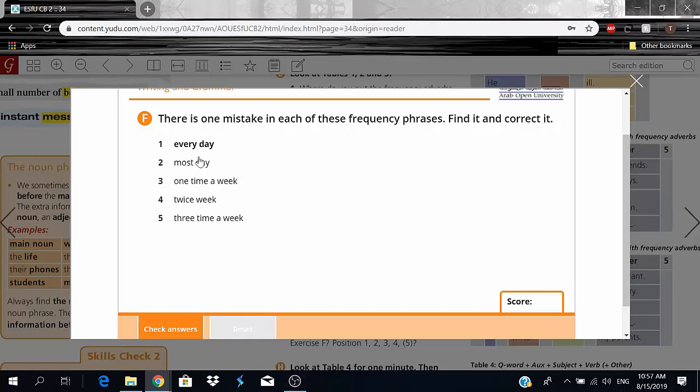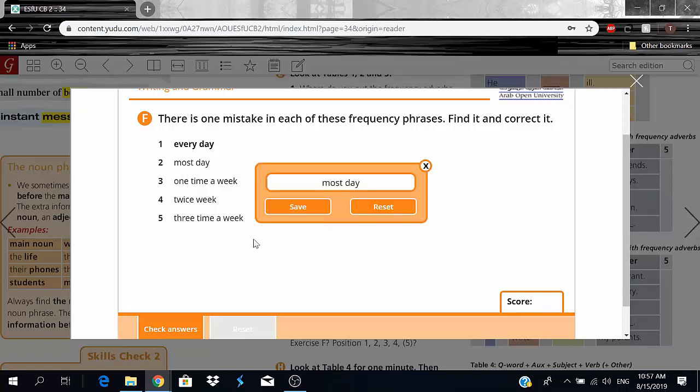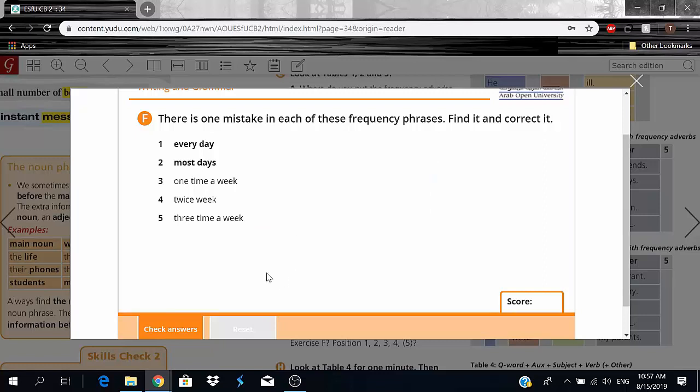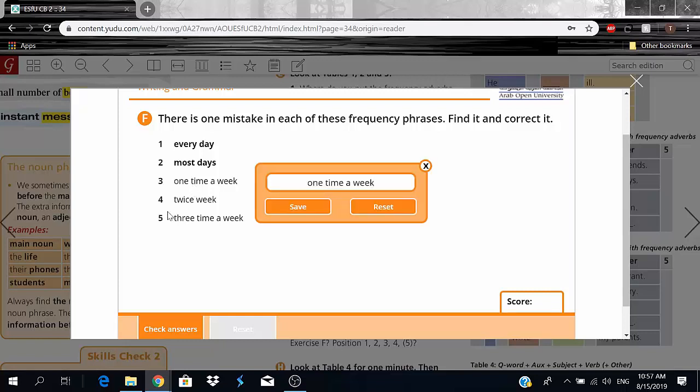Now, the exact opposite, most. When I say most, I'm going to use a plural right after. So, most days. Okay? Number 3, one time a week. I don't say one time a week because it's a fixed phrase. So what I should say is once.